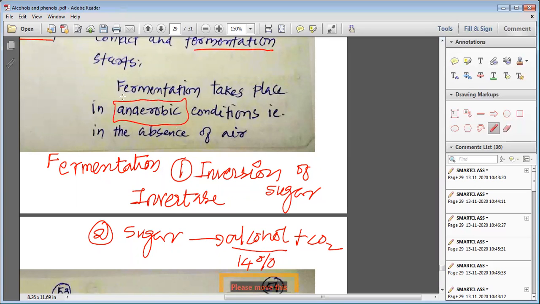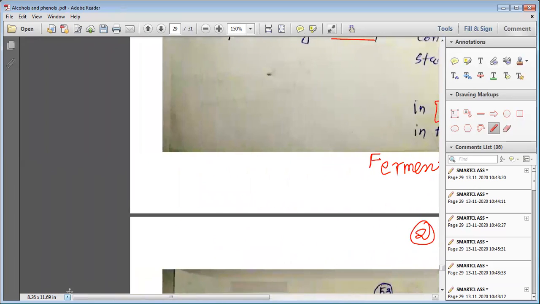Why do we do fermentation in anaerobic condition? We do fermentation in anaerobic condition for two reasons, my dear students. Let us study why.